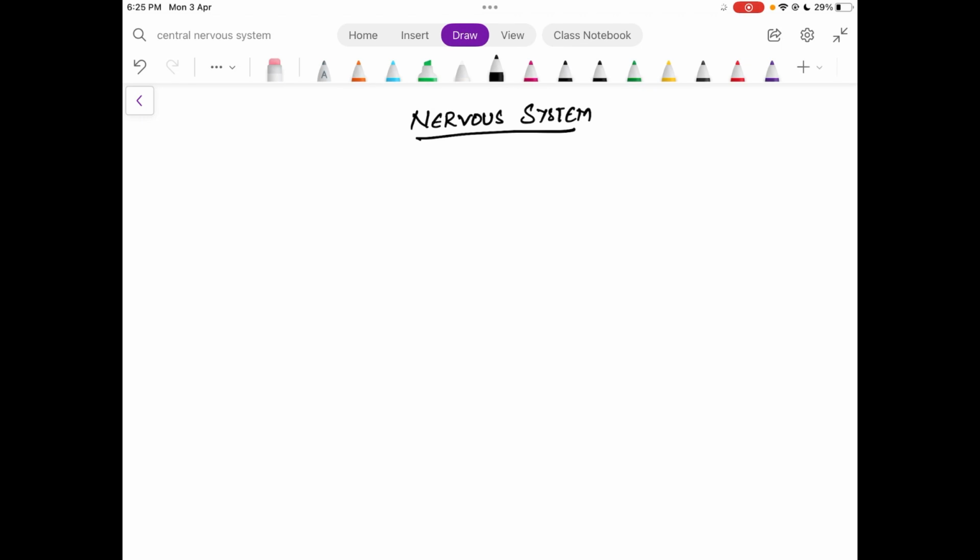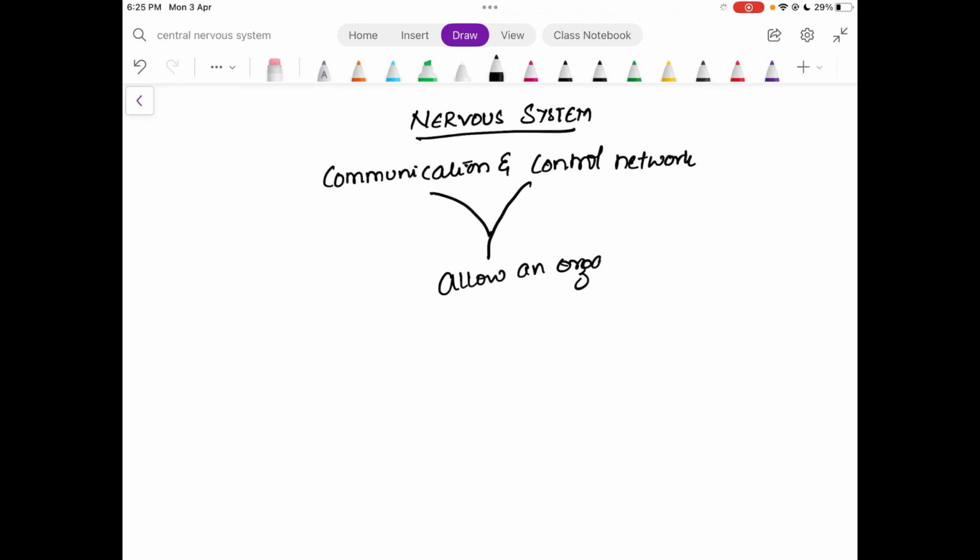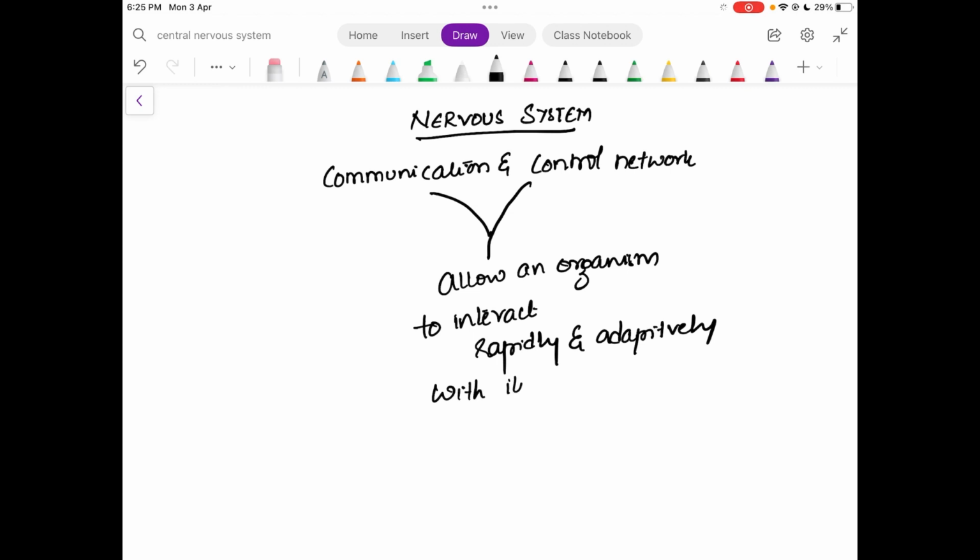So, the nervous system is helpful in communications and can also act as a control network, which allows an organism to interact rapidly and adaptively with its environment.